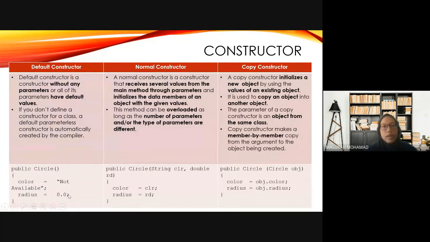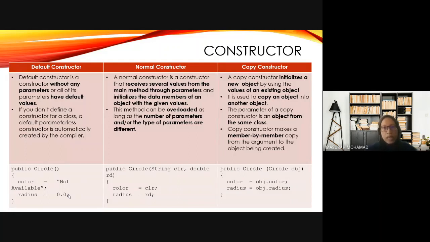Usually if we write C++ code, you will give the default value during the variable declaration kan. So yang ni OOP tak perlu, kita boleh give the default value during the default constructor definition.